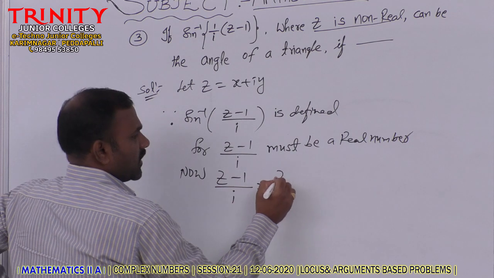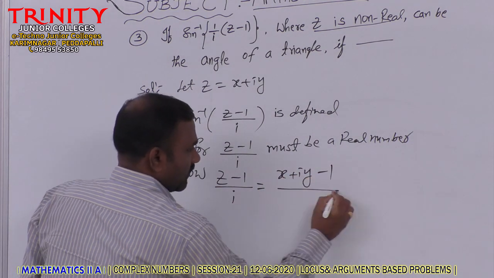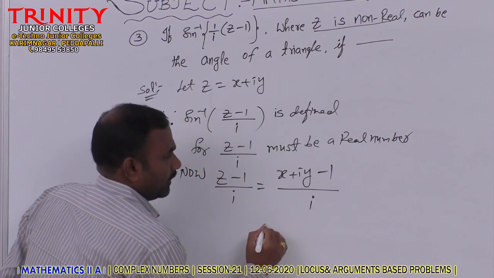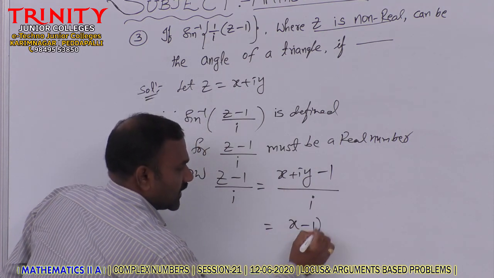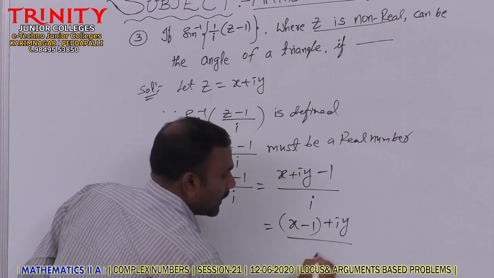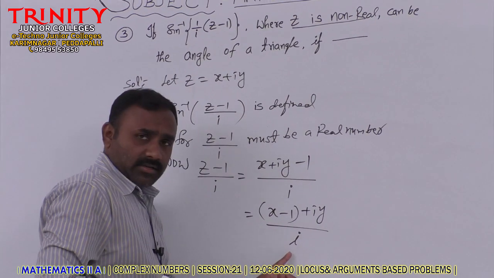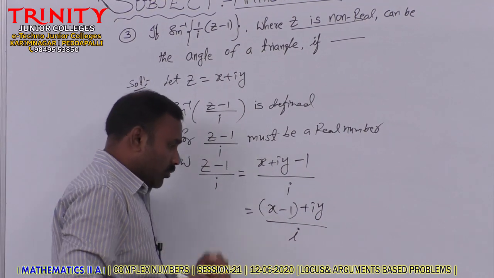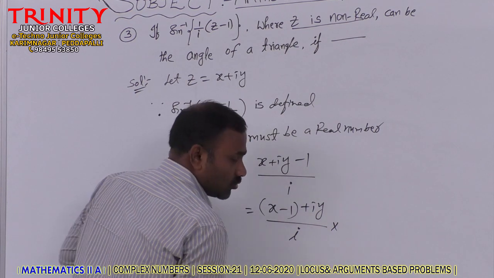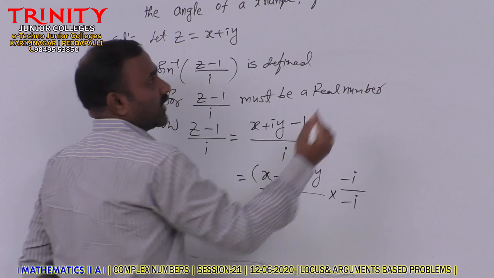z is nothing but x plus iy we consider. Minus 1 divided by i. Express as real plus imaginary by i. Here i is nothing but an imaginary number. We have to remove it from the denominator, so we should go for conjugation. Multiply by minus i by minus i.